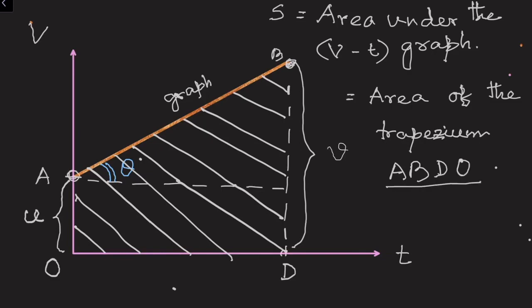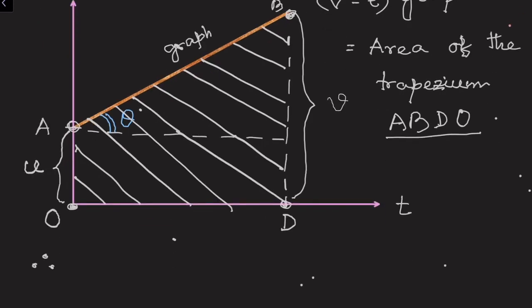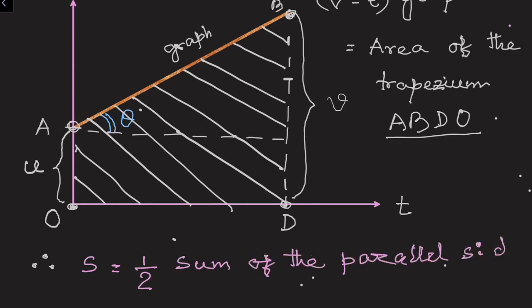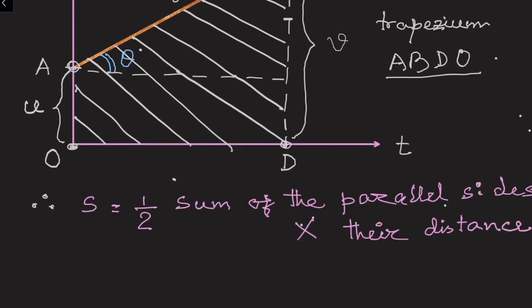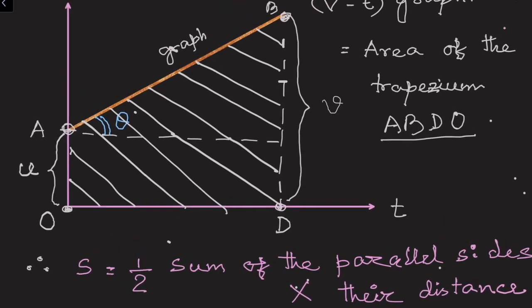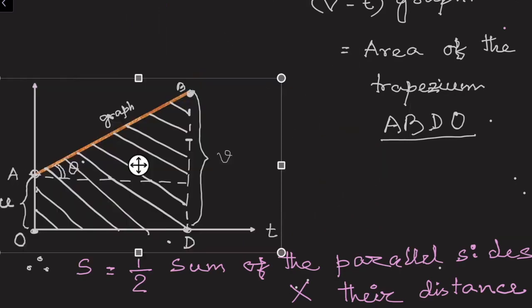Now this area can be found by the formula S equals to half sum of the parallel sides into their perpendicular distance.